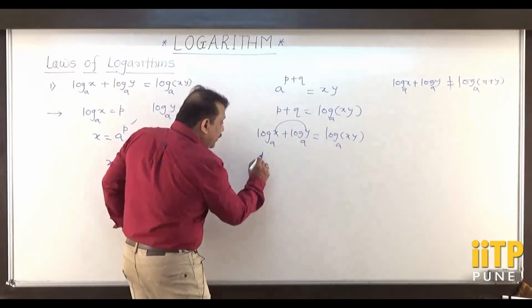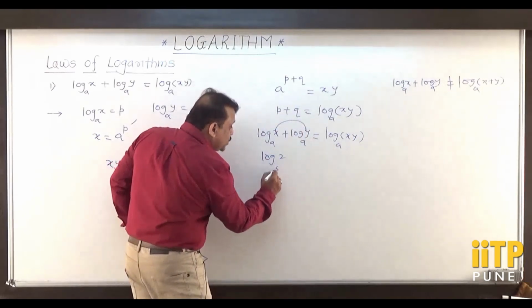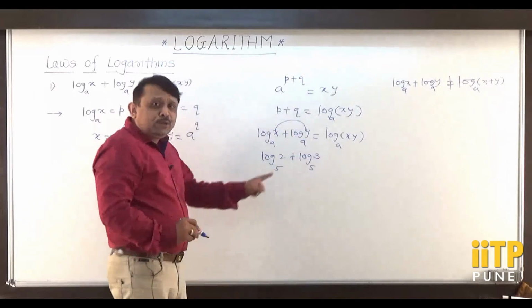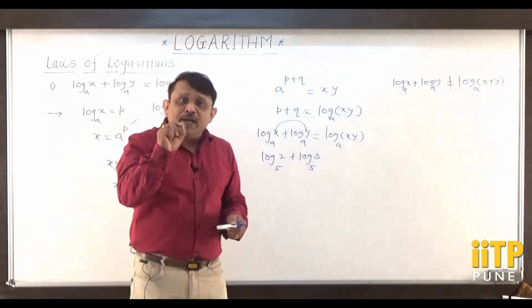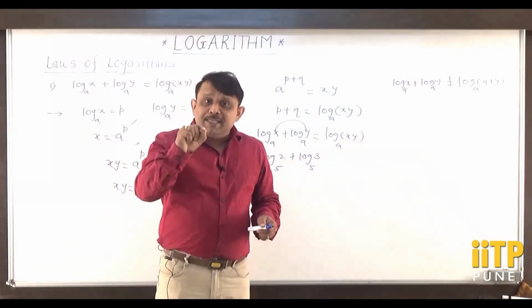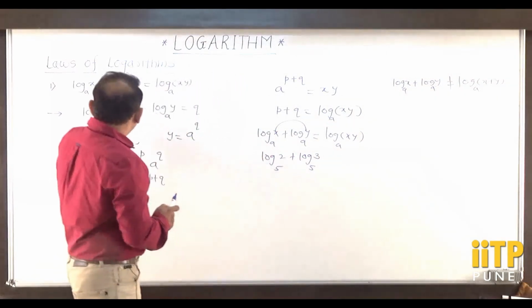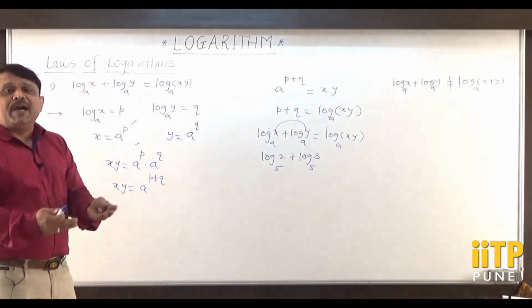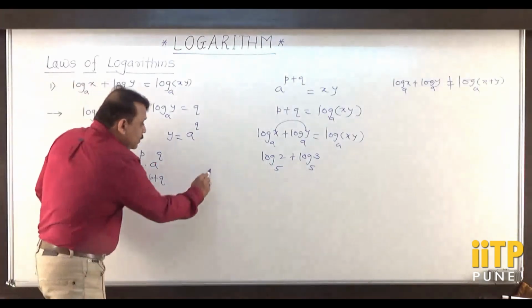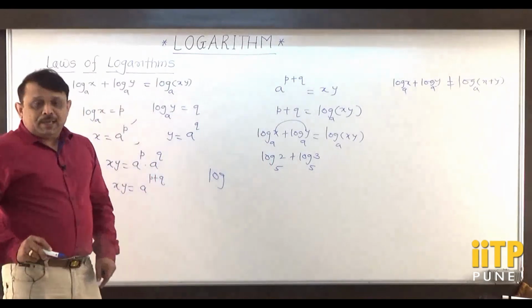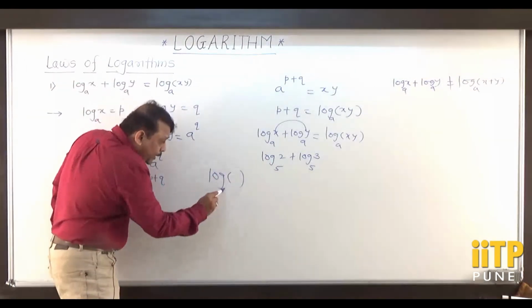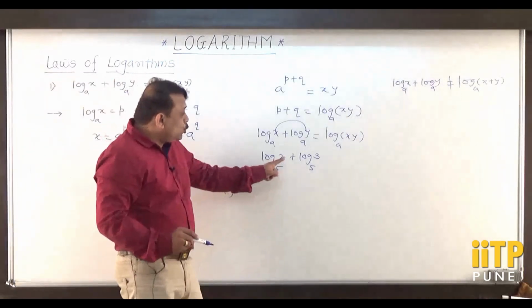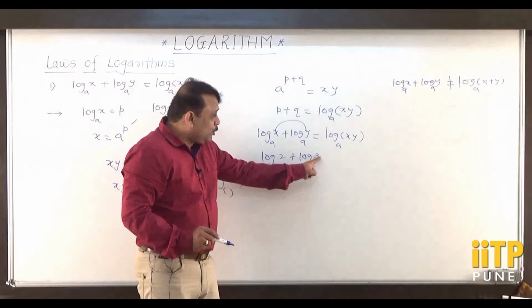For example, if I write log 2 to the base 5 plus log 3 to the base 5, don't take log common, because log itself doesn't exist if you don't have anything in front of it. Just if I write log, it does not make any sense. I have to write log of something to the base something. Then it makes sense.